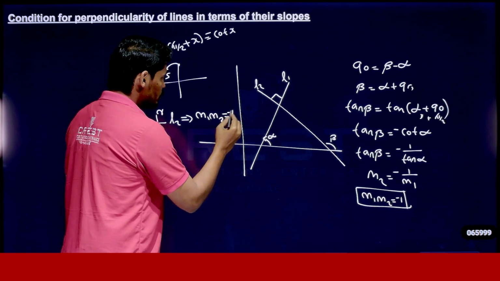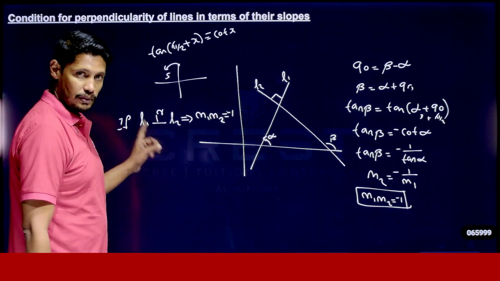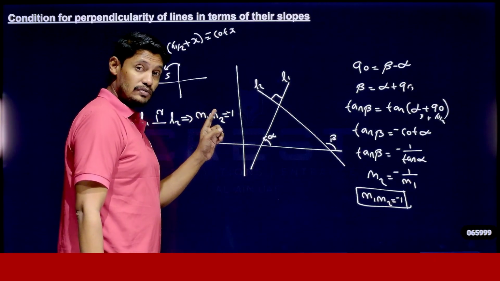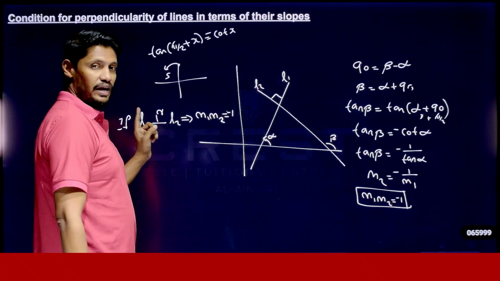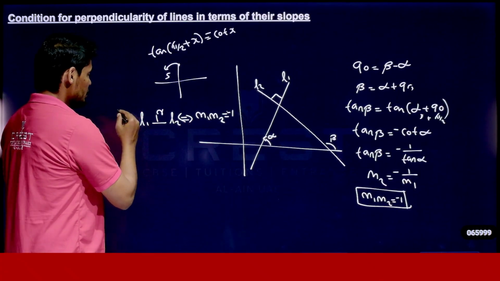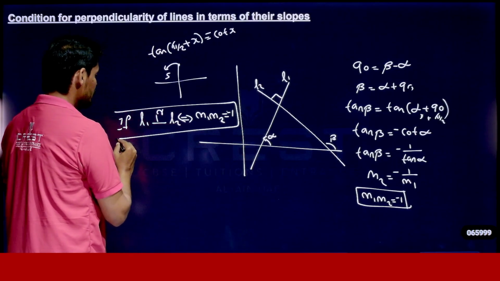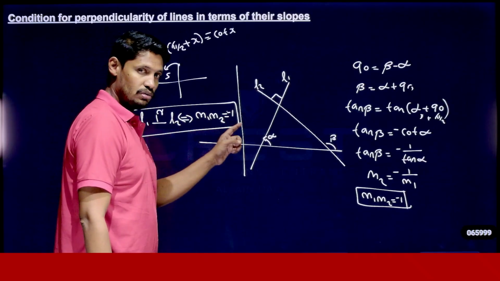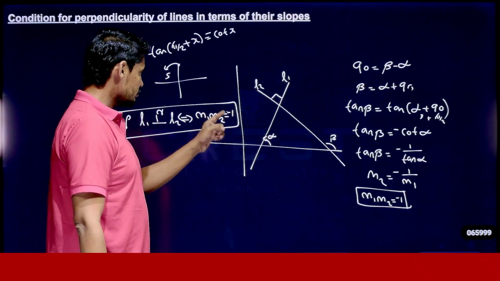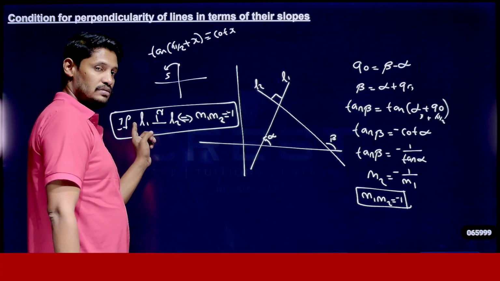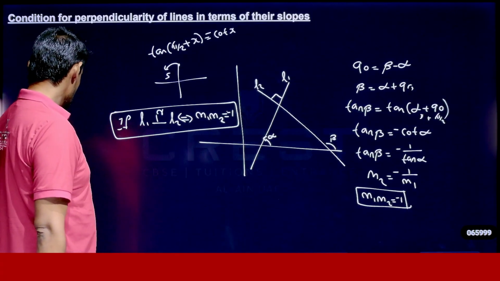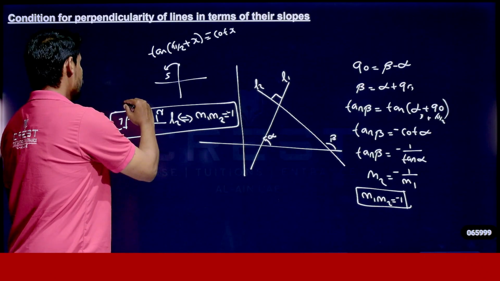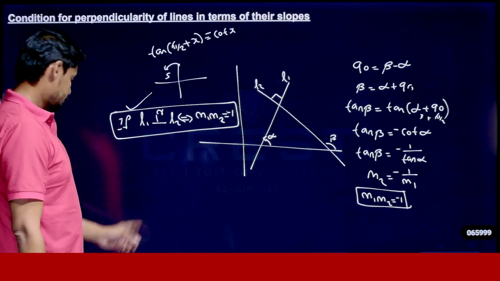And if the product of their slopes is minus 1, we can say that the lines are perpendicular. This is also an if and only if condition. If this is true, this is true; if this is right, this is also right. So you have to remember the condition for parallelism and the condition for perpendicularity.